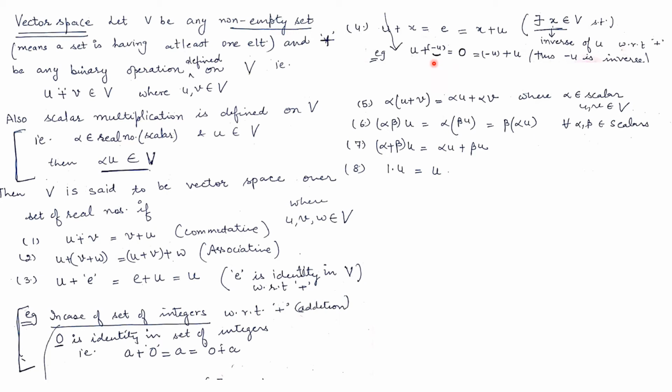It will be minus U, and minus U is also an integer. अगर U integer है तो माइनस U भी इंटीजर होगा, सो ये माइनस U आपका इंटीजर में लाई कर रहा है, सो वी विल गेट इनवर्स इन इंटीजर विद रिस्पेक्ट टू एडिशन। तो जब भी आपके पास U है, corresponding to U, you have minus U which will become the inverse of U with respect to the operation addition in case of set of integers.